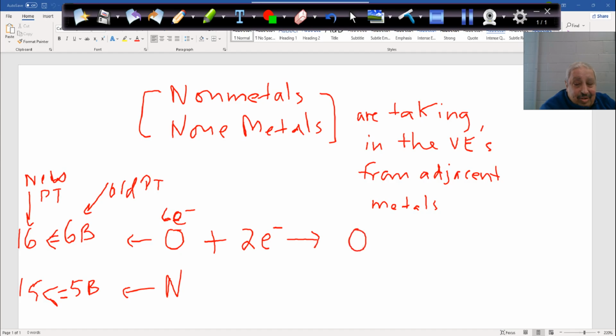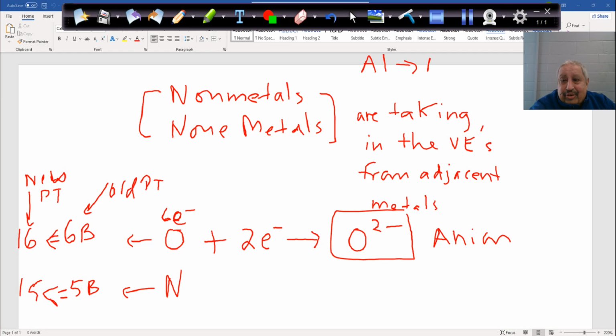Then oxygen will appear with a negative charge. We call this one an anion. And the aluminum, when it gives away its 3 valence electrons, becomes 3 plus, and this is called a cation.